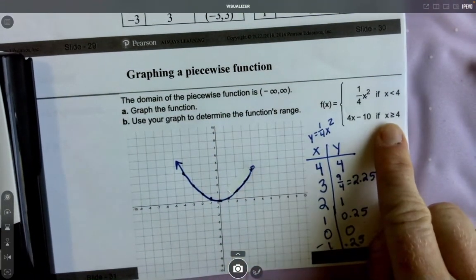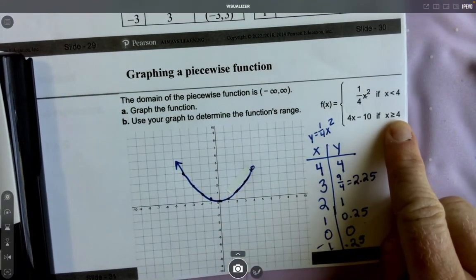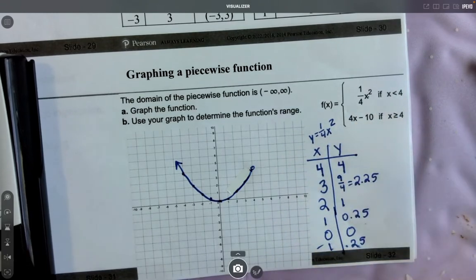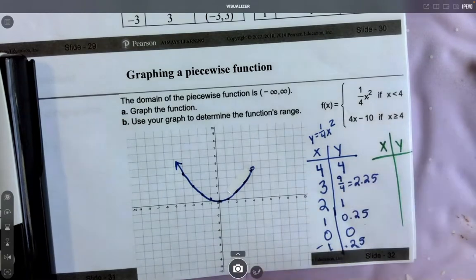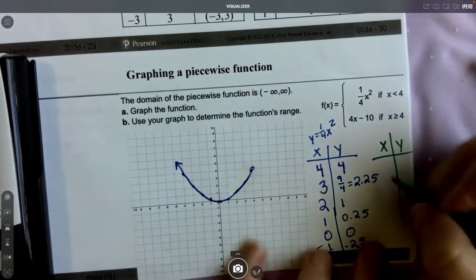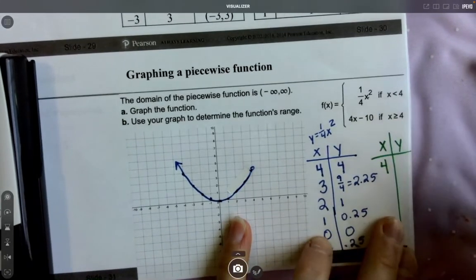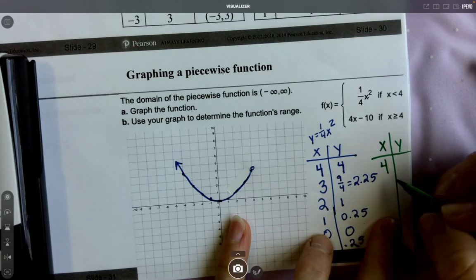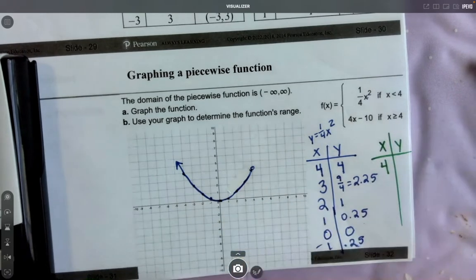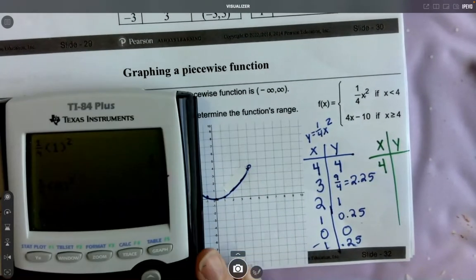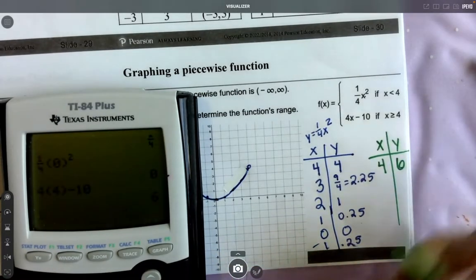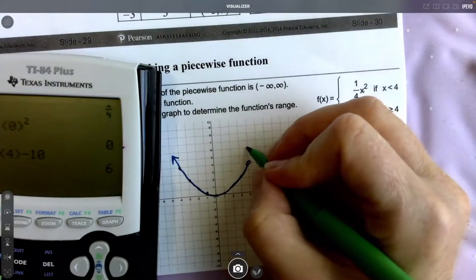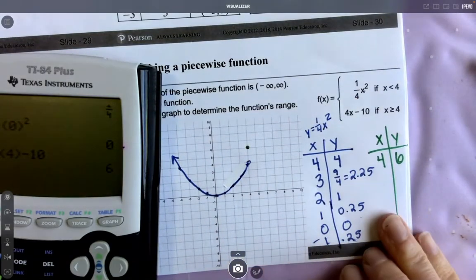Okay, so where x is greater than or equal to 4, it's going to be this function. So x, y. X is greater than or equal to 4. So we're going to find out what 4 is. And this is going to be a closed circle. So 4 times 4 minus 10. 6. So at 4, 6, you're going to have a closed circle.